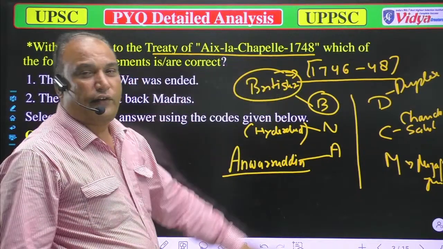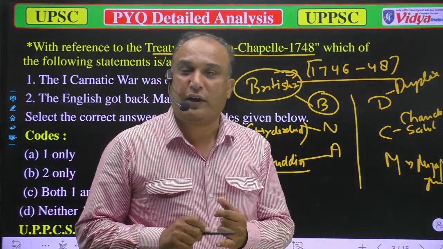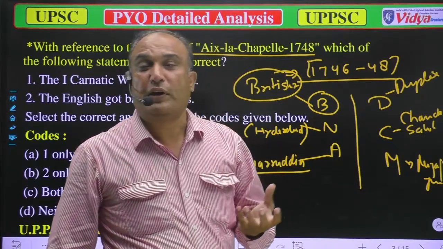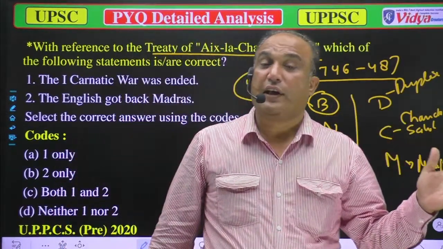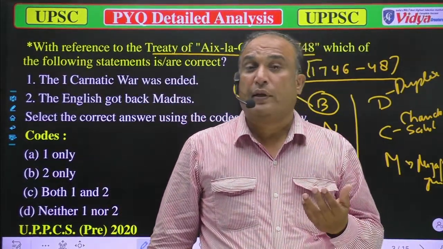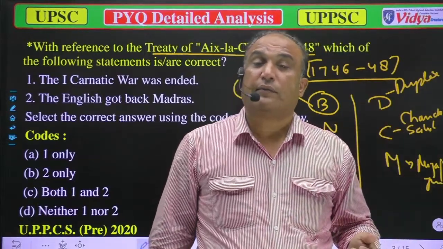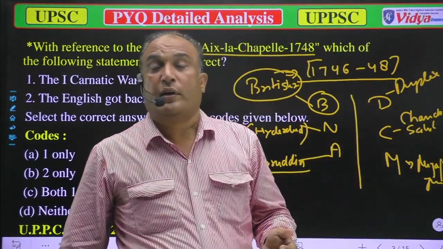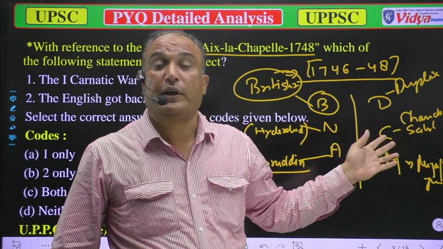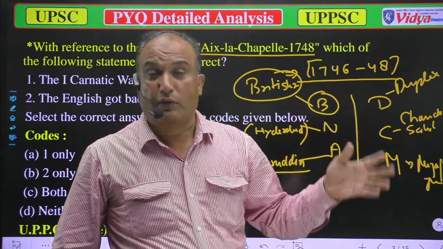So in the first Karnataka war, the French got the advantage. This was the result of the European war between the French and the Britishers. If a war took place in Europe, it was copied in other parts of the world where the two companies, Britishers and French, were prominent powers.